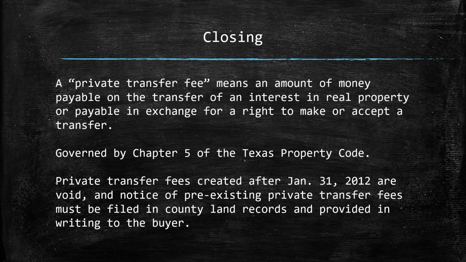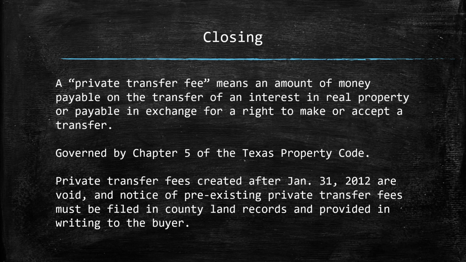So if we see these, we're probably going to be dealing with an older property. And if there are private transfer fees, then there has to be a notice of those transfer fees filed in the county land records and also provided to the buyer in writing. So this most likely will be something that we see the title company dealing with.